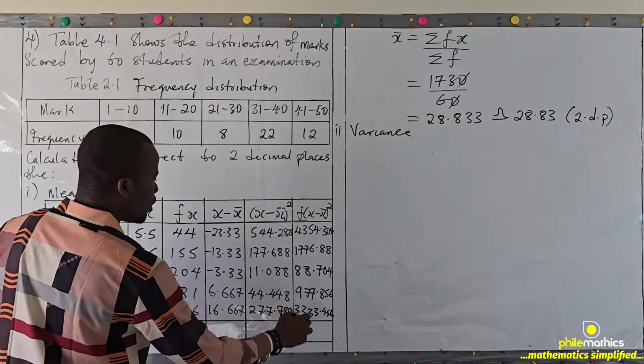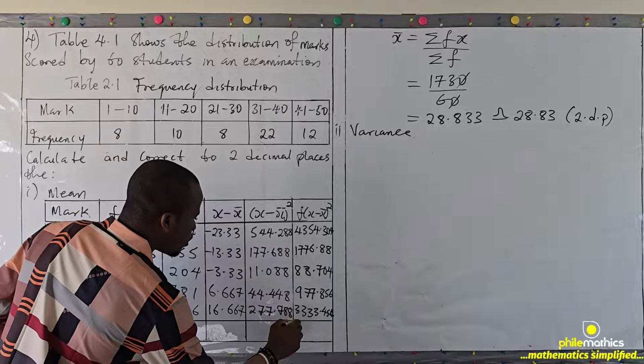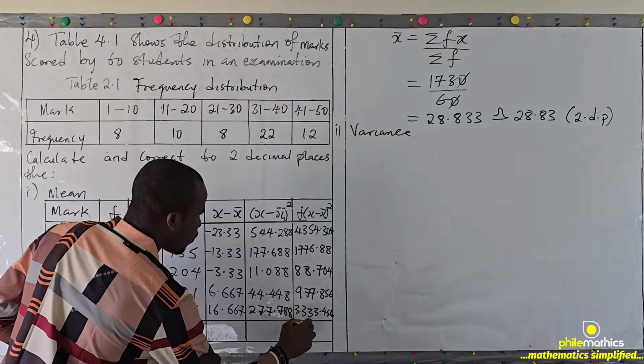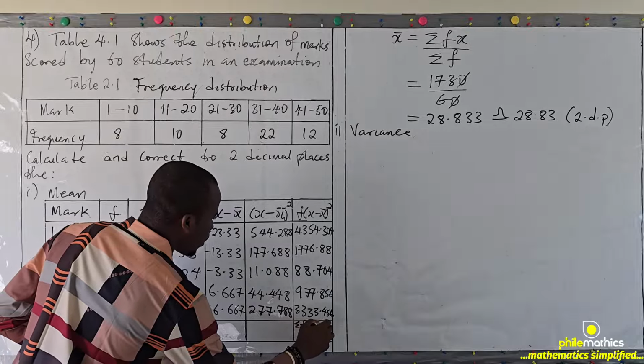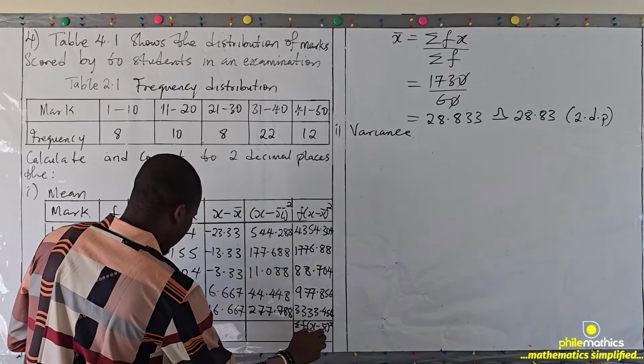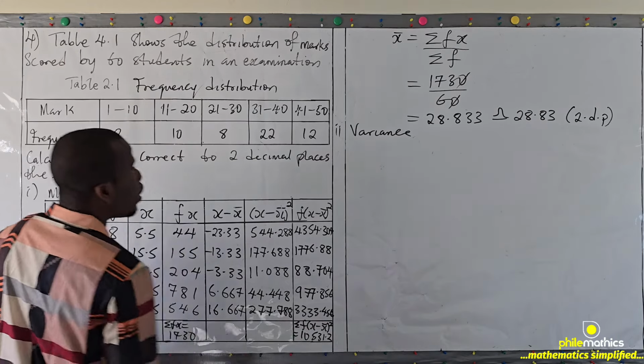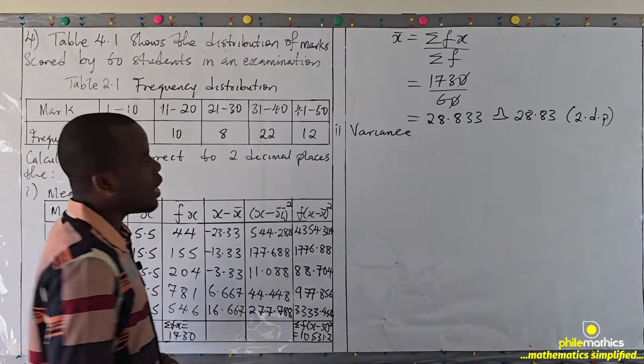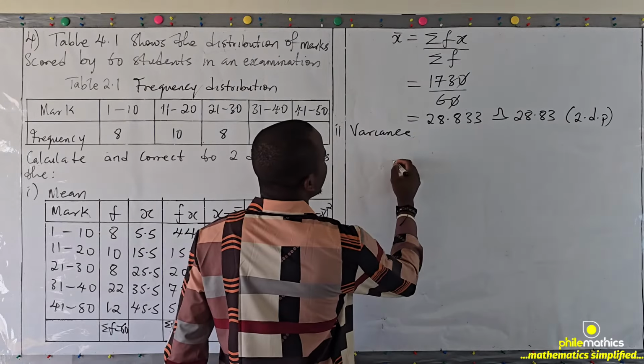If we sum all this together, summation of f times (x minus x bar) squared, we'll get 10531.2.